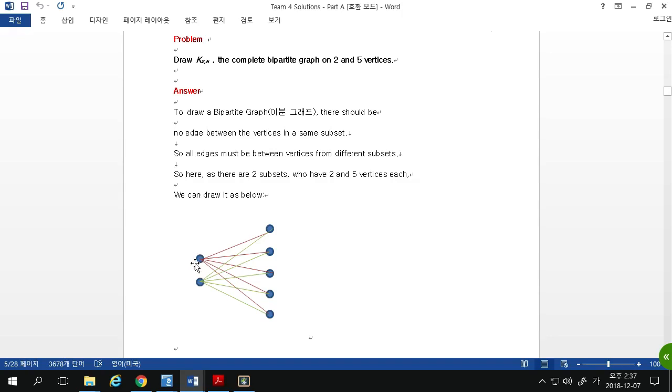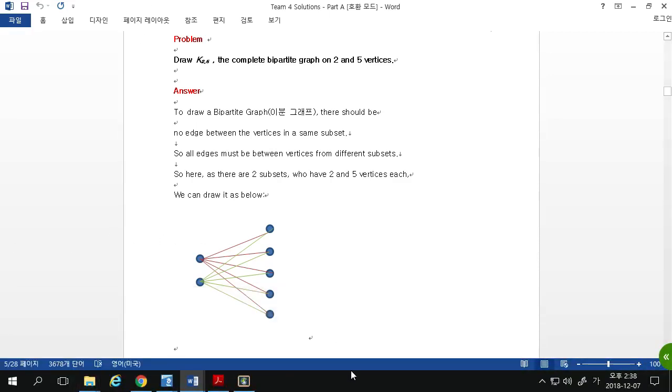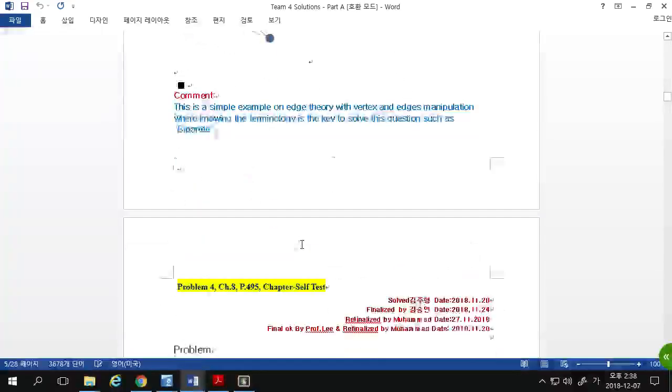As you can see, the vertices from set 1 do not have any edges between them, but they have edges from these vertices to every vertex from the other subset. In other words, in the same subset there are no edges, but vertices from different subsets are all connected.